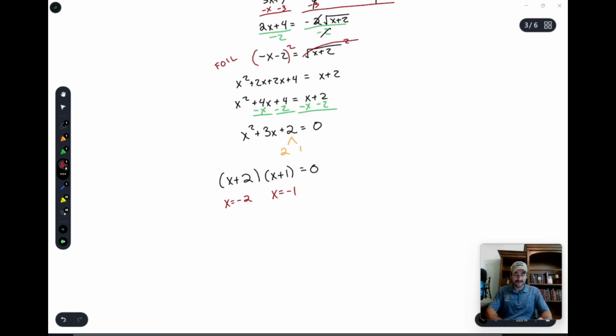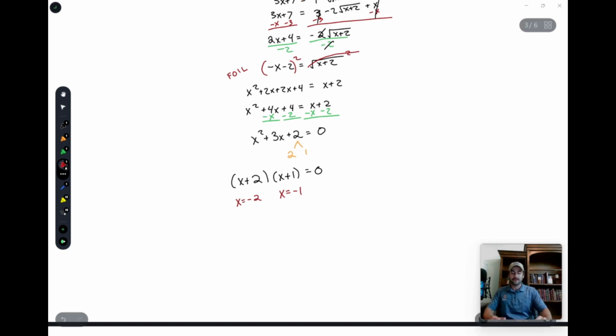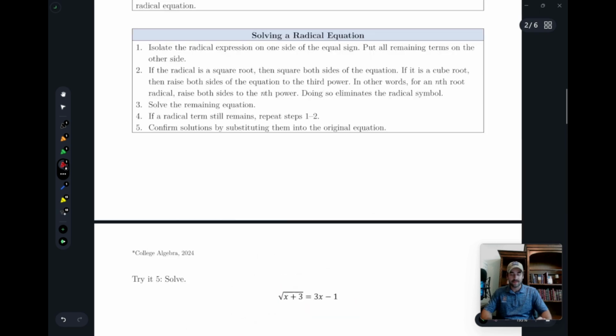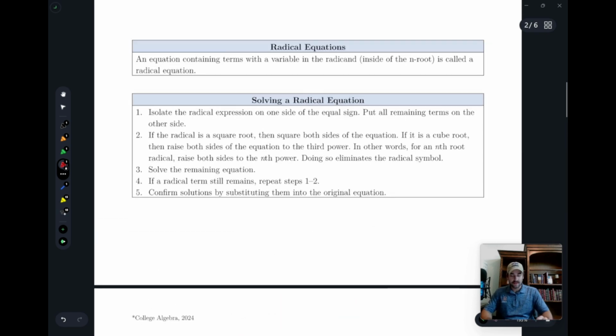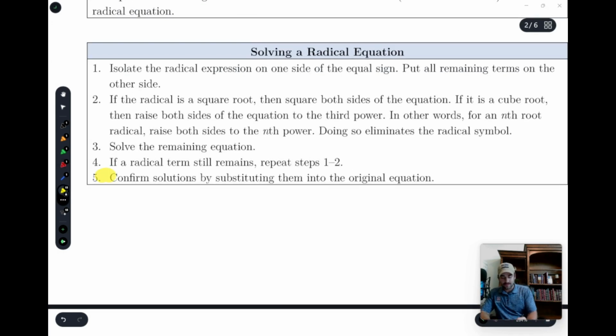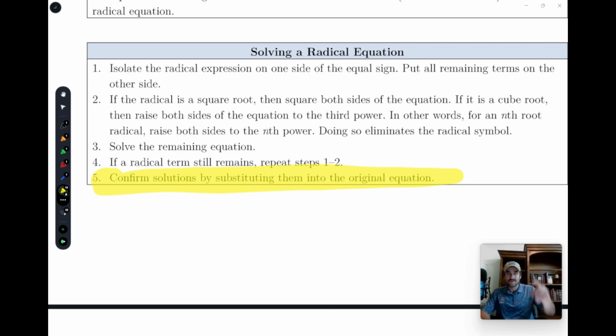Awesome. But wait, because we had a square root and we did so much square rooting and unsquare rooting and re-square rooting, there's a really important thing that we need to look at, which it talks about up here in solving a radical equation. This last step is really important when you're working with radicals. We need to check our solutions because sometimes they're going to result in solutions that do not work or solutions that result in a negative square root.